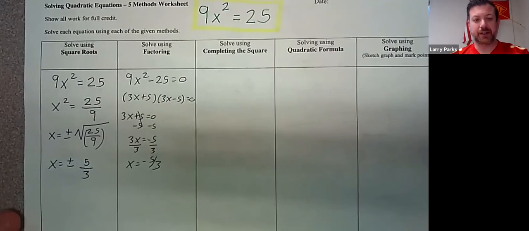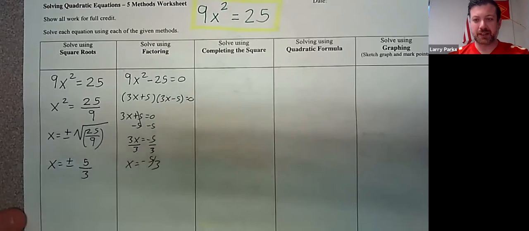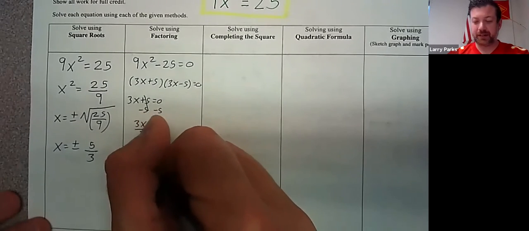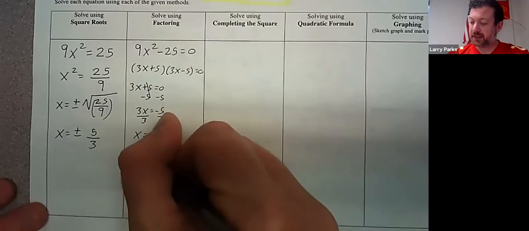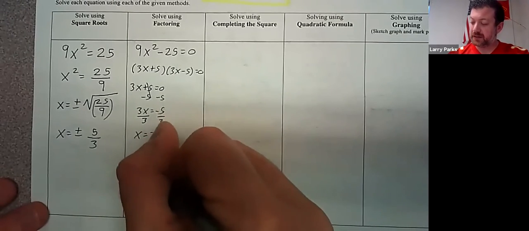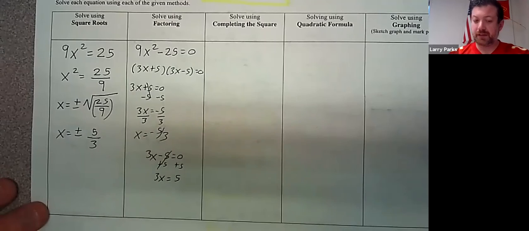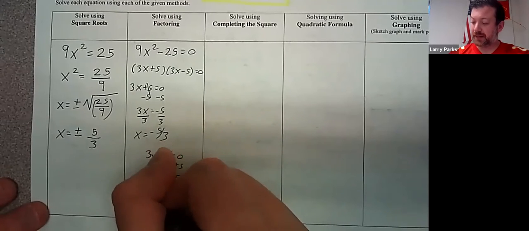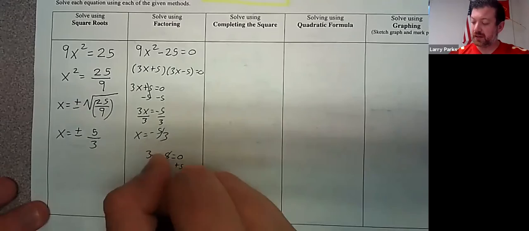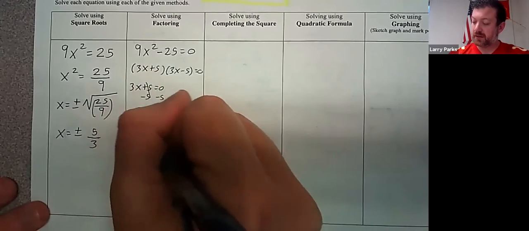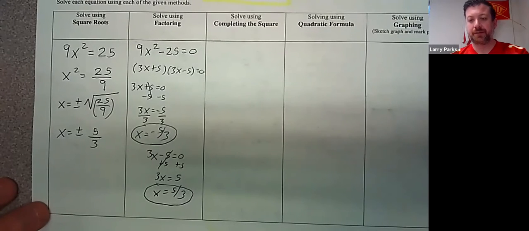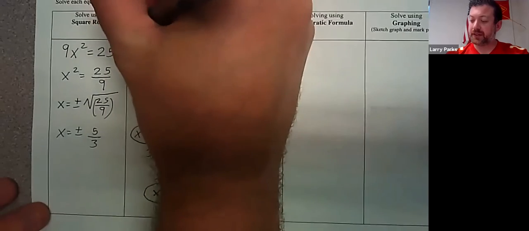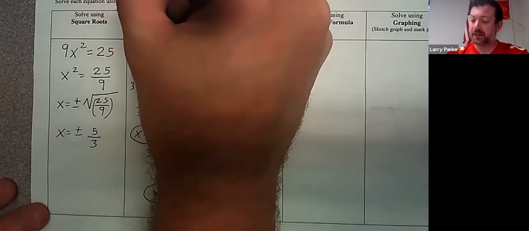Well, there's negative 5/3. And then I don't really have room to the side, so I'm going to do it down here. 3x minus 5 equals 0. So I would add 5 to both sides, divide by 3, and I get x is 5/3. Same thing. So you could solve by factoring. Remember, this is called difference of two squares for what I just did.